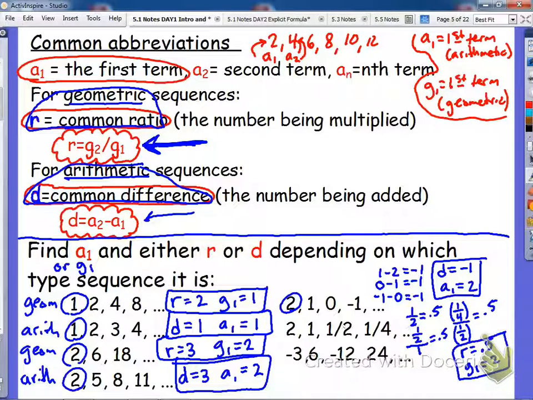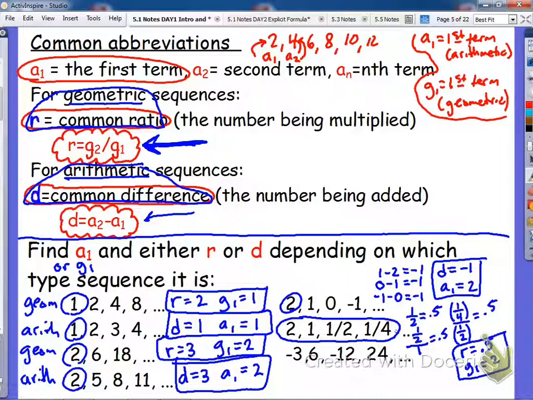Now a lot of people on this problem realized the pattern was to divide by 2, right? And a lot of people wanted to put down R equals divide by 2, or something that doesn't exactly make sense. Dividing by 2 is correct, but I don't want what you divide by.